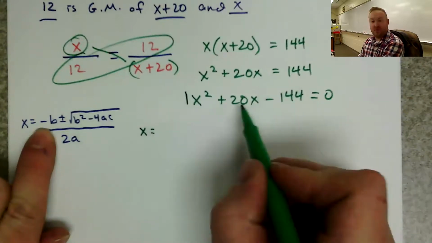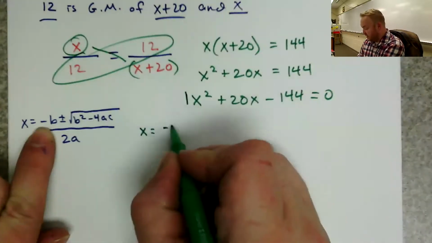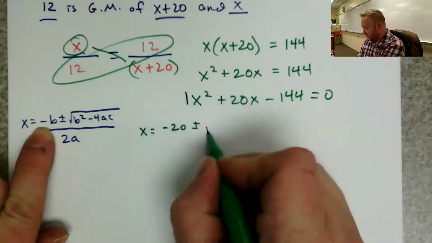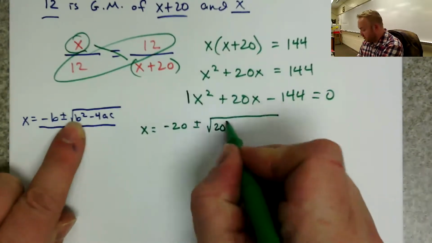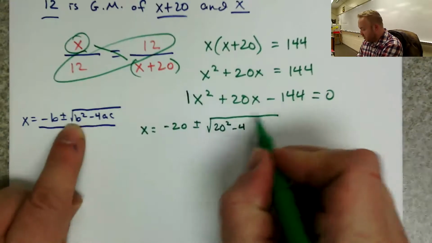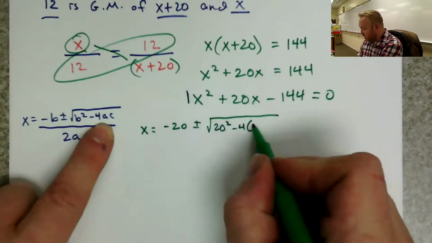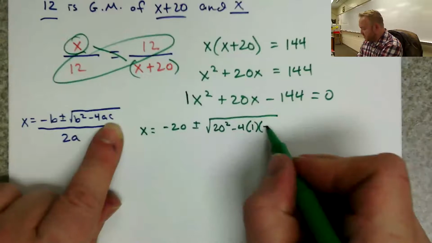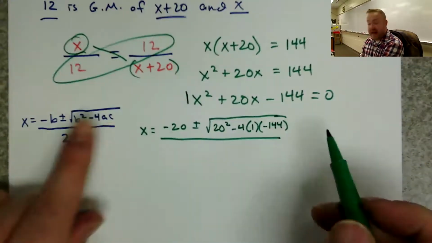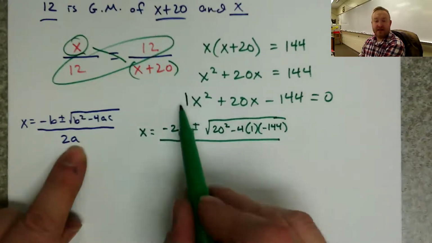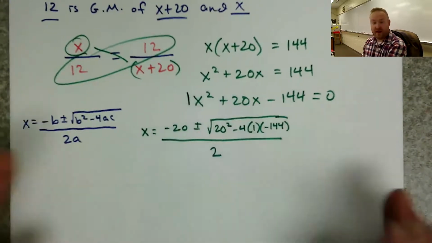The opposite of b would be the opposite of 20, so negative 20 plus or minus the square root of b squared would be 20 squared minus 4 times a, which is 1, times c, which is negative 144. All of that is divided by 2 times a, but a is 1, so that's all divided by 2.